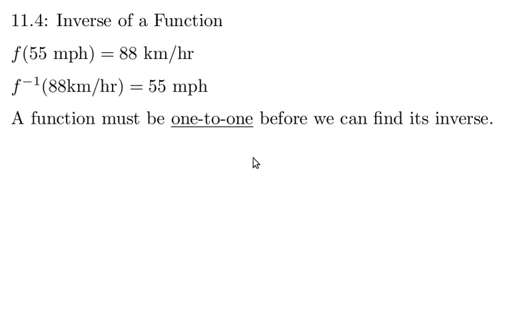So let's say f of x is equal to x plus 2. That means that f of 3 is equal to 5. And it also means that f of 4 is equal to 6.